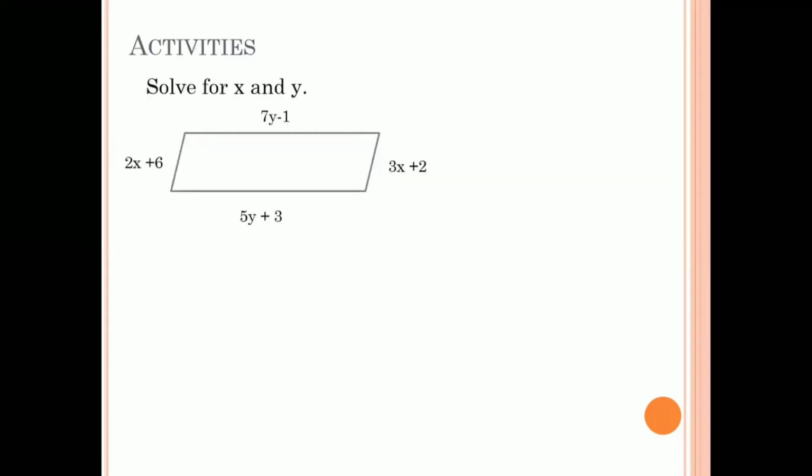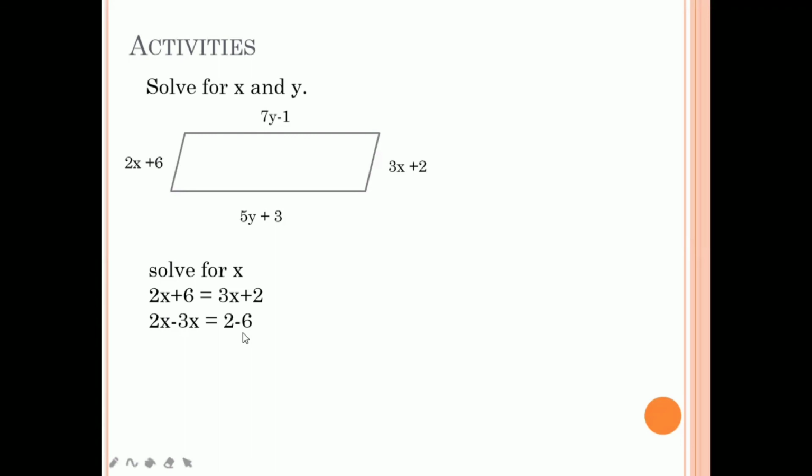Okay, our next activity, we are going to solve for x and y. We have here a parallelogram with the sides given. First, we solve for x. The opposite sides: 2x plus 6 equals 3x plus 2. We equate these two sides because they are opposite sides and they are congruent. Then combine like terms: transpose positive 3x to become negative 3x, and transpose positive 6 to become negative 6.